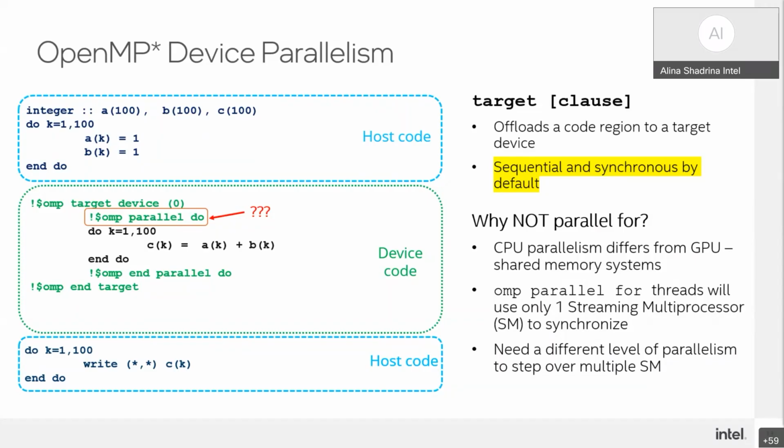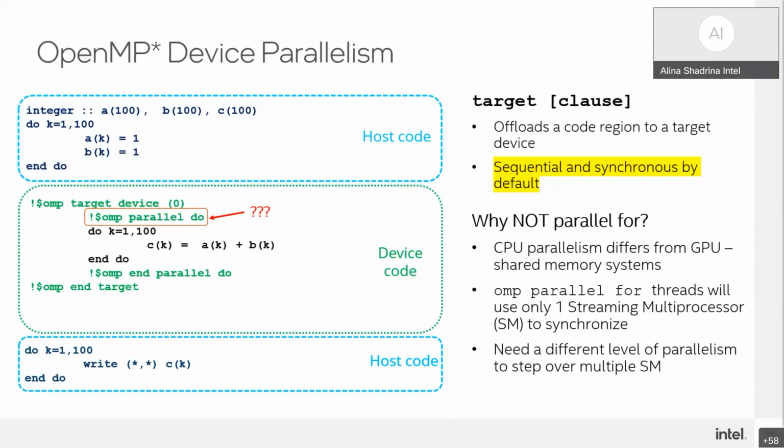GPUs are massively parallel in their nature, so we need to make our loop parallel. For those who are familiar with OpenMP, there is maybe an obvious solution. Let's just add OpenMP parallel do here. But in fact, this is not a good solution, and not an optimal one.